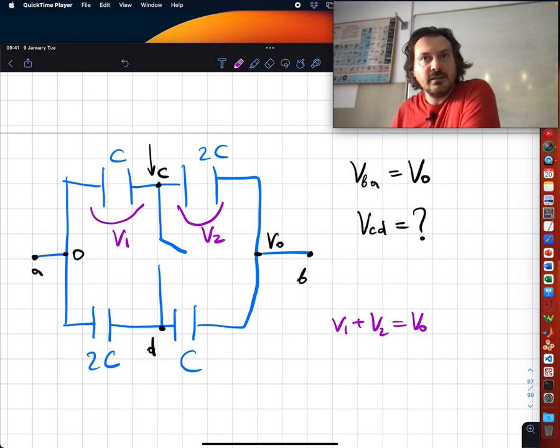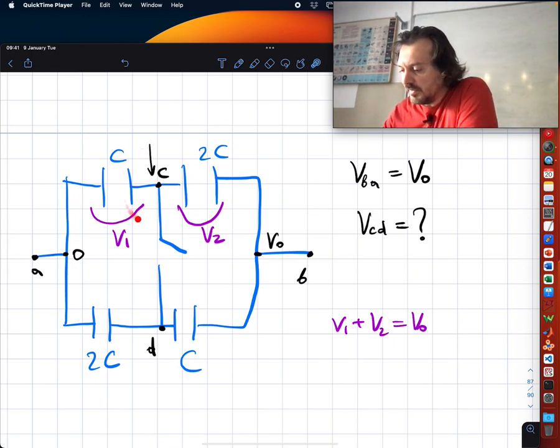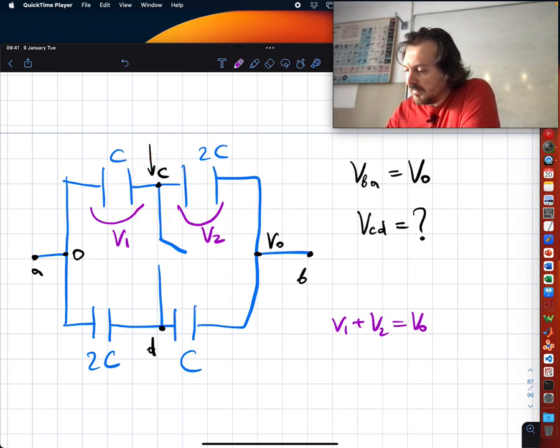At the beginning, they were all uncharged, so this part of the system is disconnected from the rest. So whenever this one gets Q, this one becomes minus Q. Let me just drop the indices.